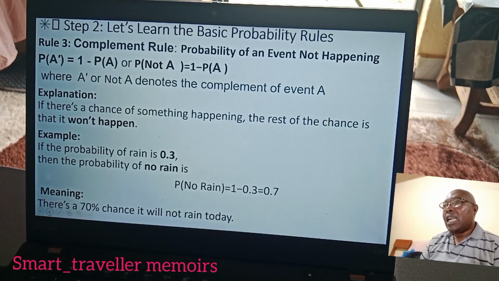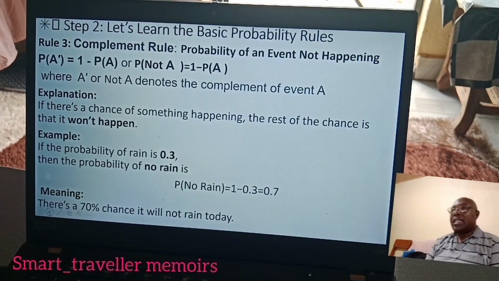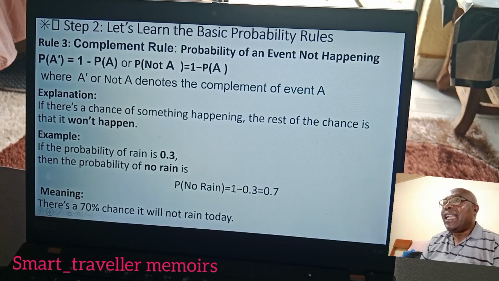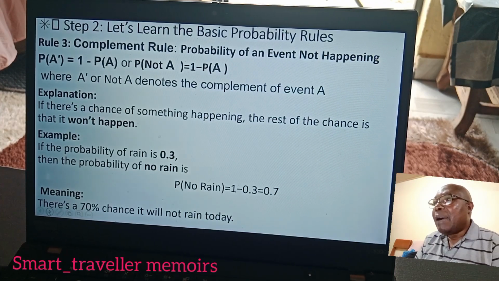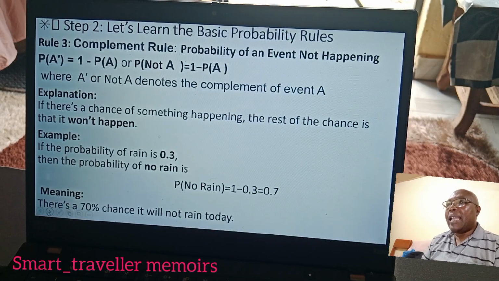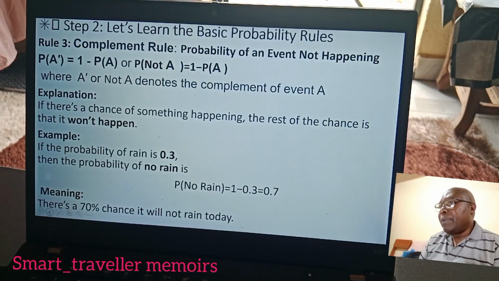So the probability of an event not happening, that is A dash, equals 1 minus the probability of A. And A dash or A prime means not A. So we can put that statement again as: the probability of not A happening is 1 minus the probability of A happening, where A prime or dash or not A denotes the complement of event A.